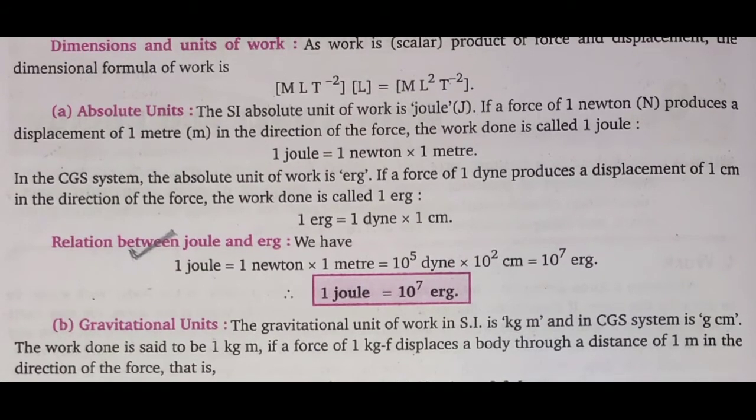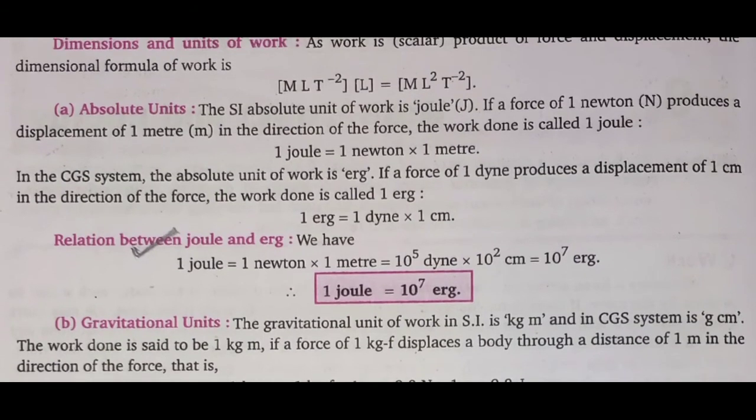So first of all we will write the dimension of force, M L T inverse 2, and then multiply the dimension of displacement, L. So the combined dimension is M L square T inverse 2, meaning M L^2 T^-2.